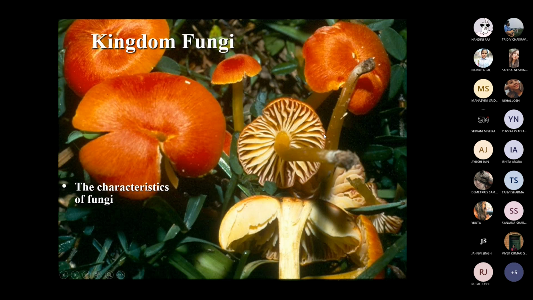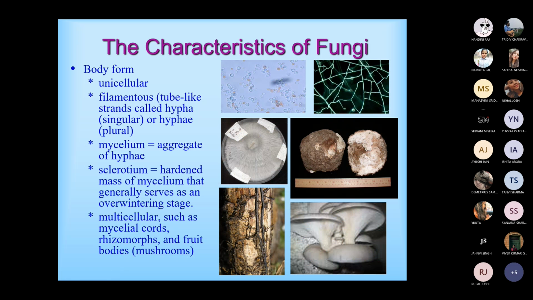Right. So if we talk about the characteristics of fungi, we all know they are filamentous and have hyphae, or a hypha. The aggregate of hyphae is called a mycelium, and they sometimes also produce sclerotia, which are hardened masses of mycelium used in the overwintering stage to survive unfavorable conditions.